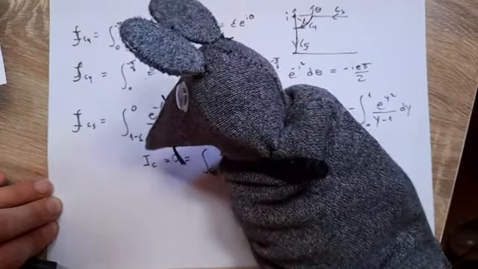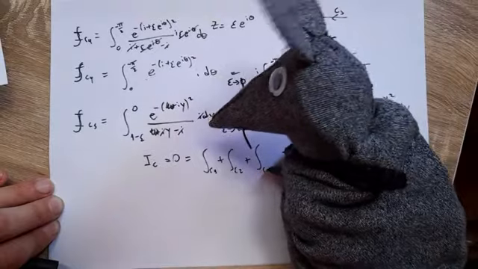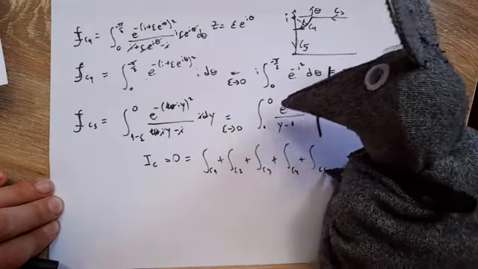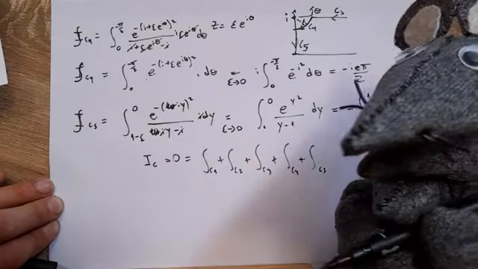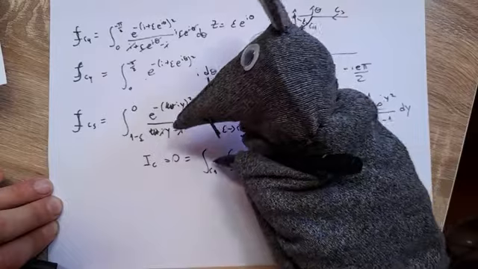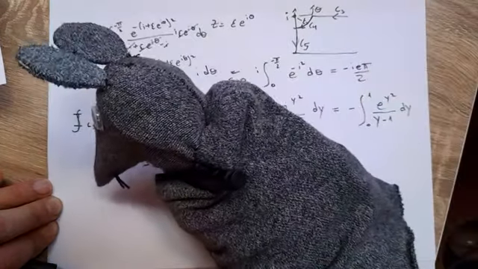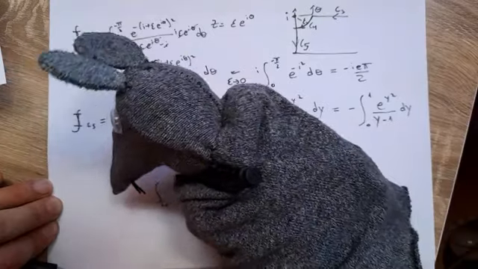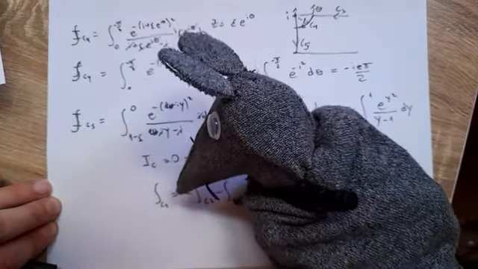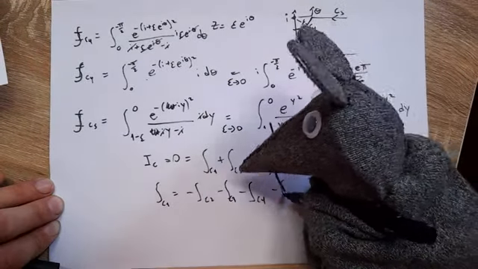So integral on C1 plus integral on C2 plus integral on C3 plus integral on C4 plus integral on C5 is 0. So from here we can get the integral on C1 as a function of all the other integrals. So integral on C1 equals minus integral on C2 minus integral on C3 minus integral on C4 minus integral on C5.